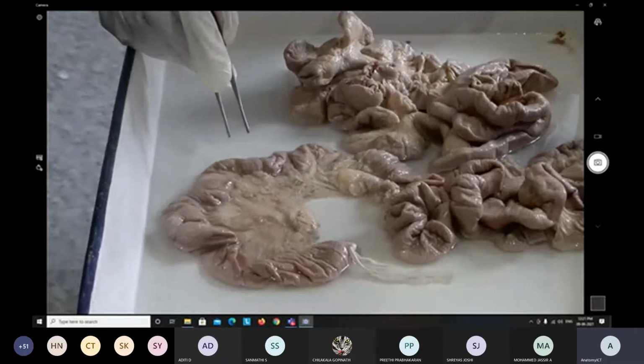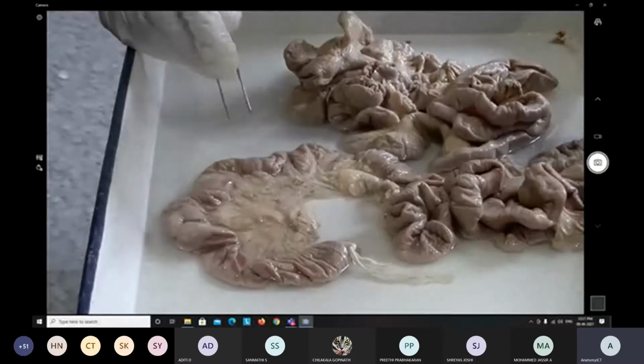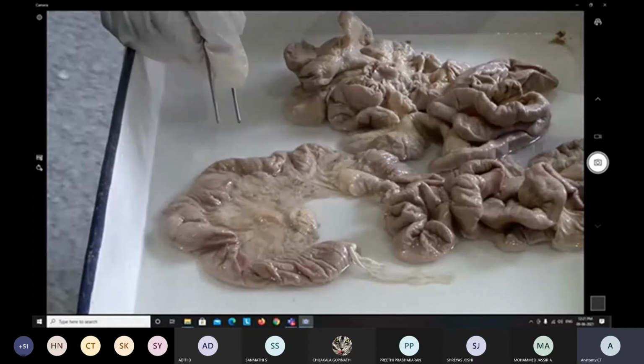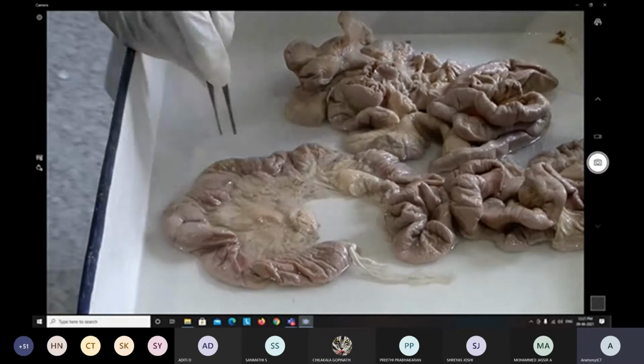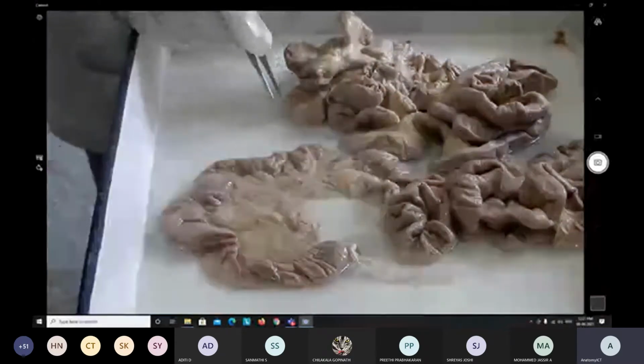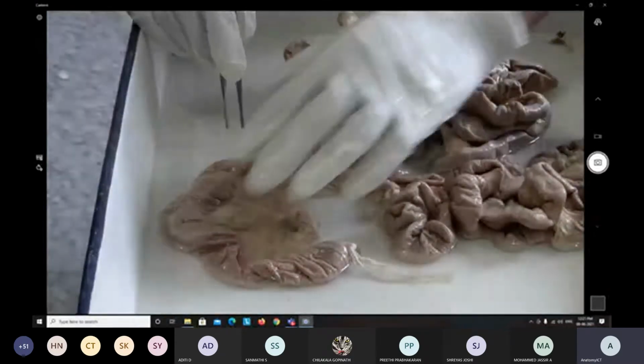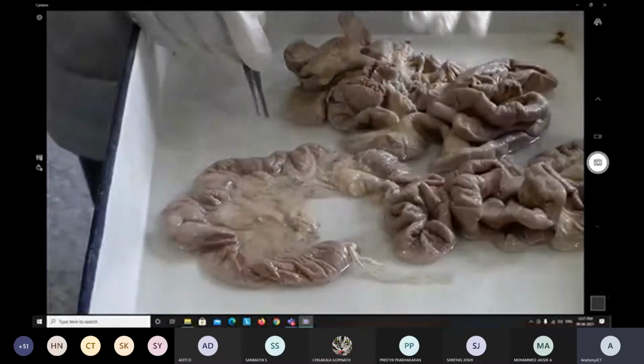The major duodenal papilla drains the bile duct as well as the pancreatic duct, but in some cases the pancreatic duct opens at two places, the major and minor duodenal papillae.